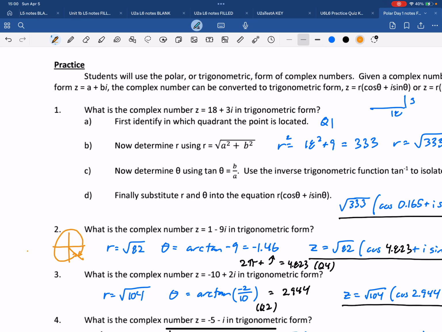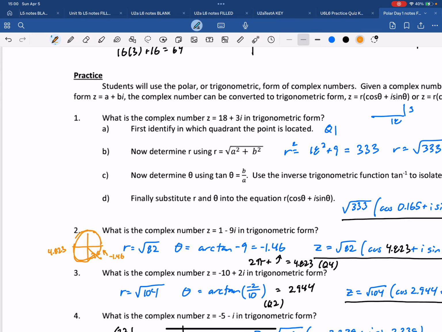So 4.823 would be this positive distance here. If that's negative 1.46, I make it positive and add, I get about 6.28, roughly 2 pi radians.